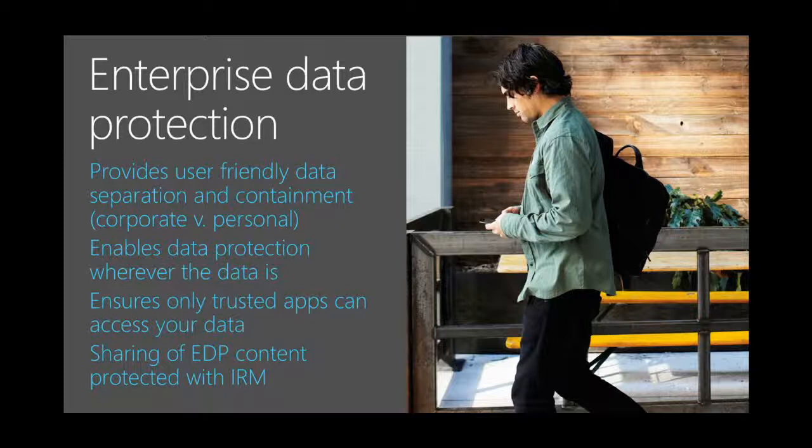I'll explain in a minute what that actually means from a deployment perspective. EDP is also supported on other platforms through IRM or through viewers, because this is all about encrypting the data. Obviously, we have full device encryption with BitLocker and similar technologies on phone and mobile devices, which generally encrypts all the storage on the device. That's not what I'm talking about. I'm really talking about any data that leaves your organization and is being stored on a device being automatically encrypted.